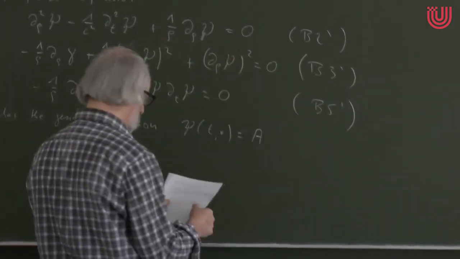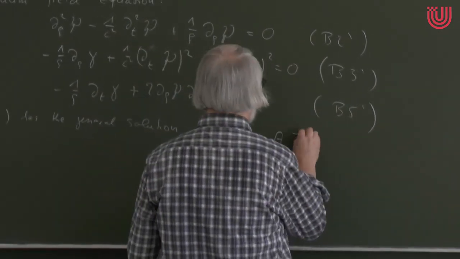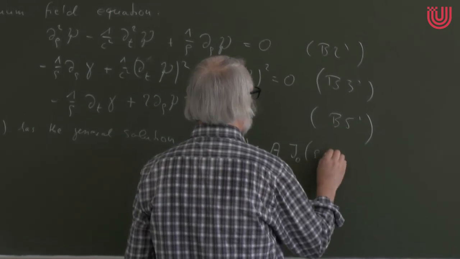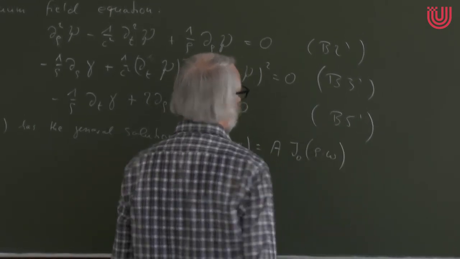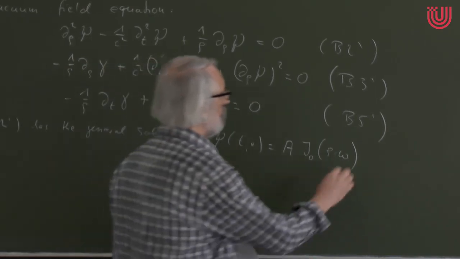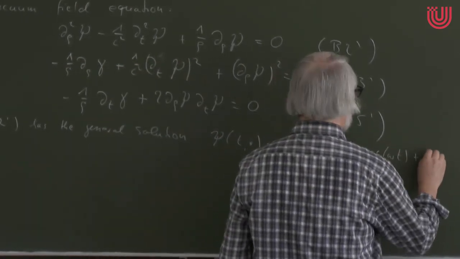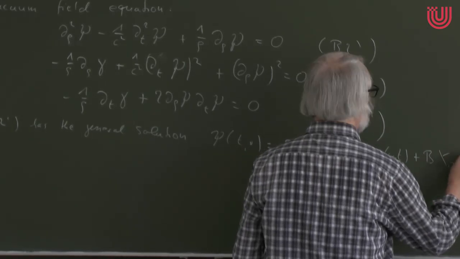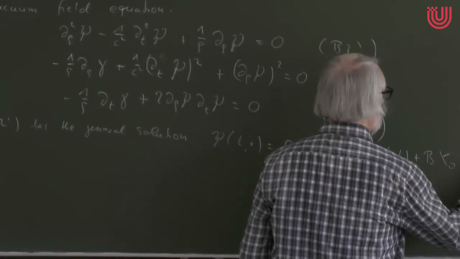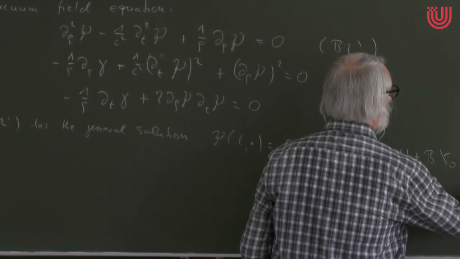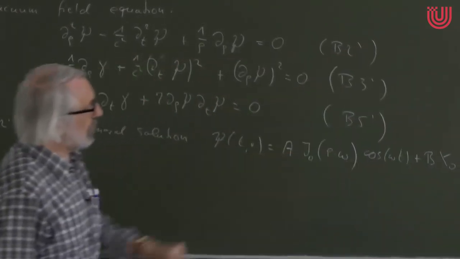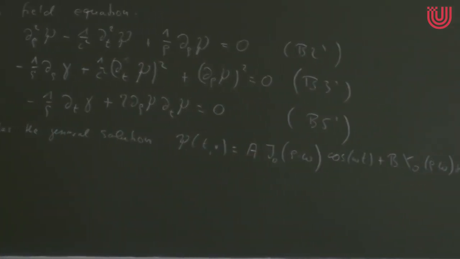Of course, you can also write it in terms of exponentials, but I wrote it in this way: J naught of rho omega, where omega is a real frequency, times cosine omega t, plus b Y naught of rho omega times sine omega t. And J naught and Y naught are the Bessel functions of order 0.